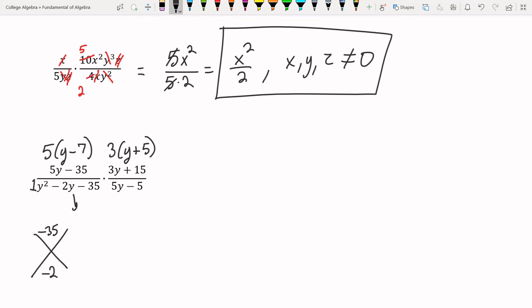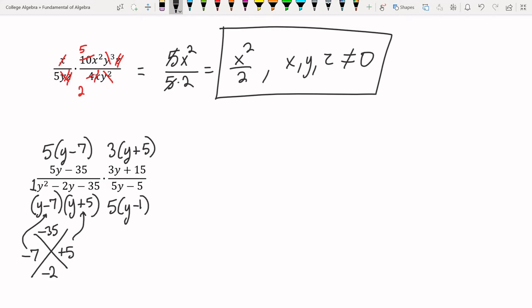B is negative 2. Two numbers that multiply to give negative 35 and add to give negative 2 are negative 7 and positive 5. Since a is 1 here, we can immediately factor this into y minus 7, because this thing goes right there, and y plus 5, same reason. The last one, 5y minus 1.